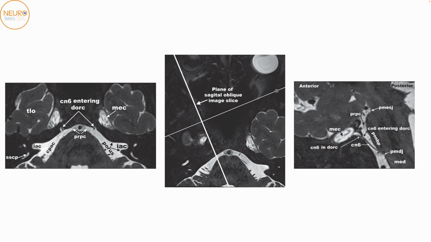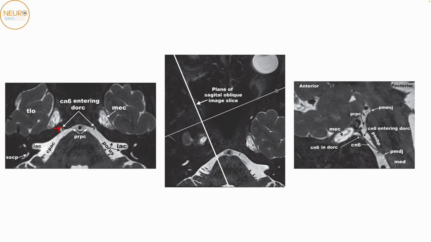Sometimes you can even see the 6th nerve entering the Dorello's canal. So if you look a little bit more inferior to the Meckel's cave, the point at which the 5th nerve enters the Meckel's cave, a little bit more medial to it and a little bit more inferior, you're going to encounter the Dorello's canal. And if you have thin enough cuts, you might be able to see the 6th nerve entering the Dorello's canal.